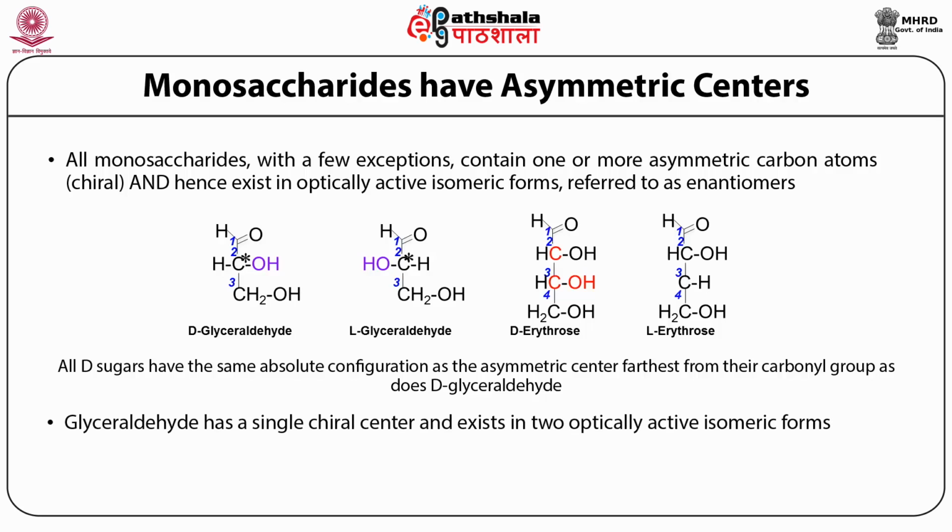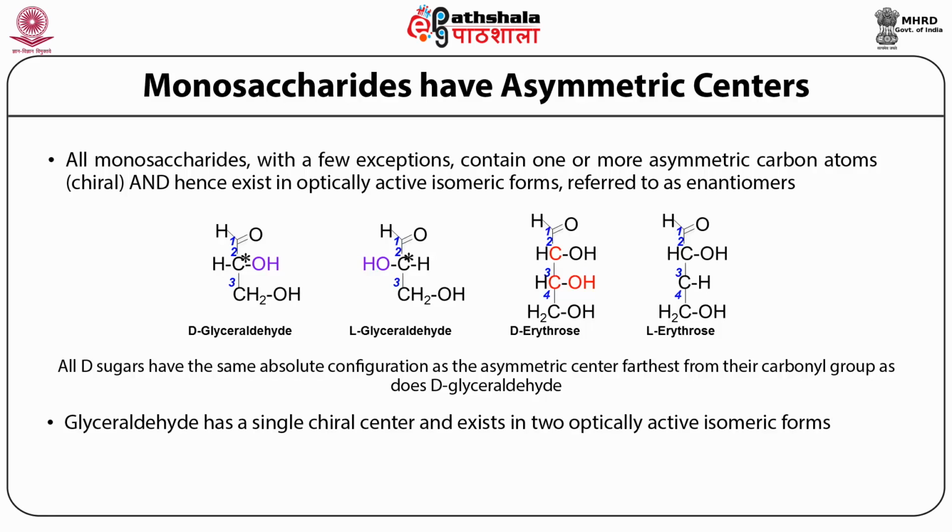So glyceraldehyde has a single chiral center. As you can see, there's one asymmetric carbon center which is marked with an asterisk here. And so it can exist in 2 optically active isomeric forms. The number of optically active isomeric forms that a sugar molecule can form can be calculated by a formula which is basically 2 to the n, where n is the number of asymmetric carbon centers in a molecule.